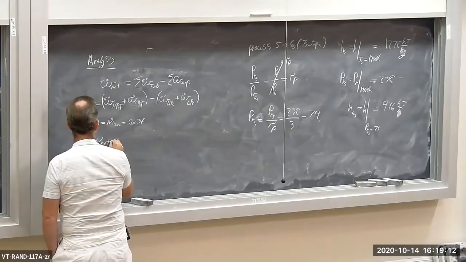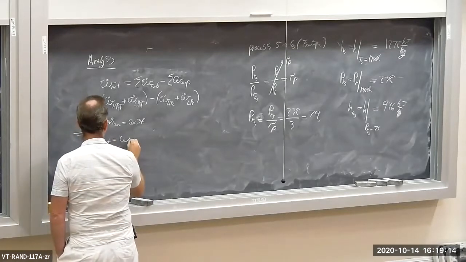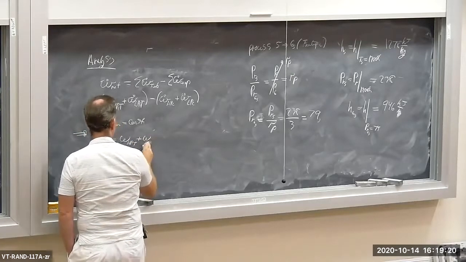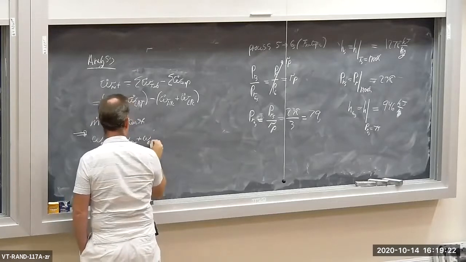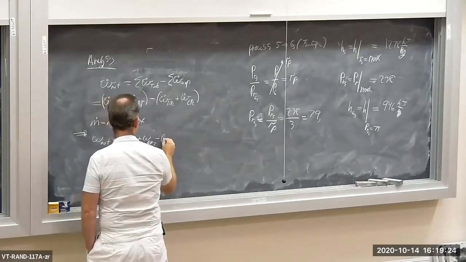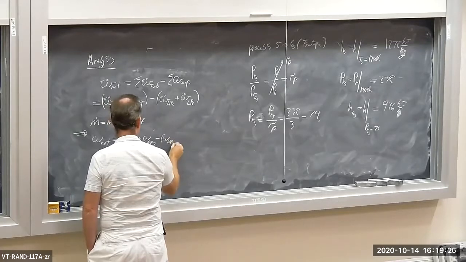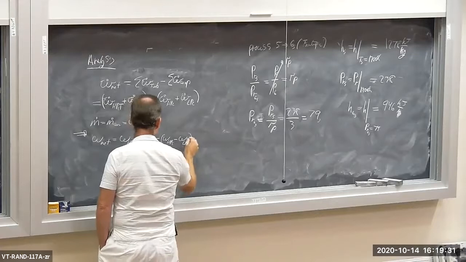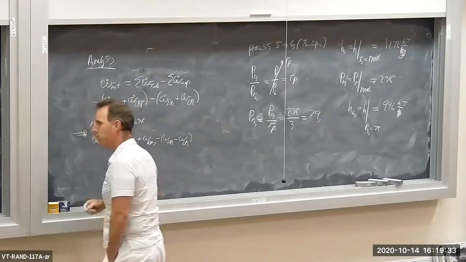Okay, so I can take the m dots out of the w dots, and I can rewrite that as specific work. So the net specific work is W net of the HPT plus W of the LPT minus W of the high pressure compressor minus W of the low pressure compressor. We already have some numbers here.